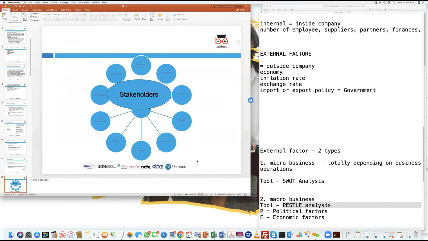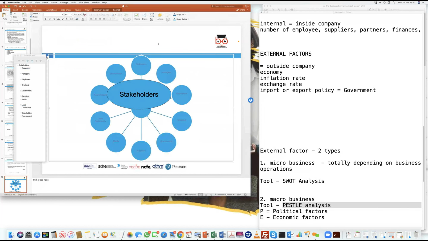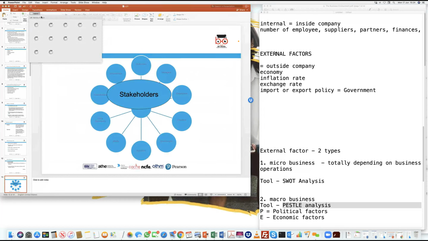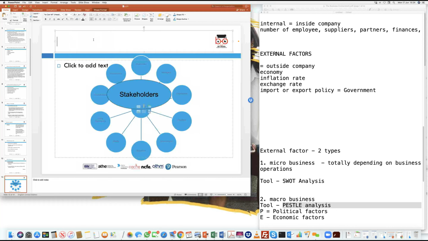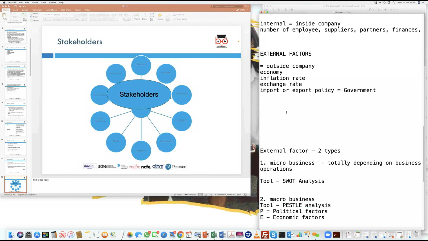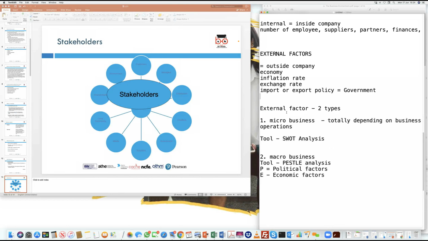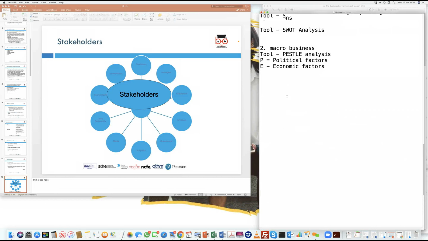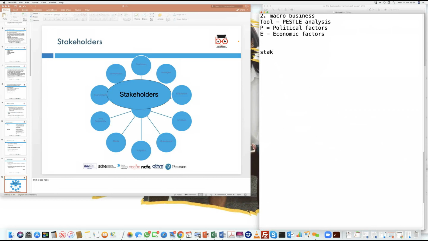What are stakeholders? Can you think of what stakeholders are? When we say stakeholders, what we mean is people. Stakeholders are people who have some sort of vested interest in the business.